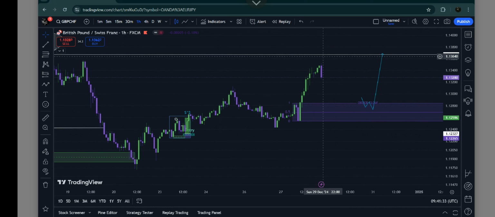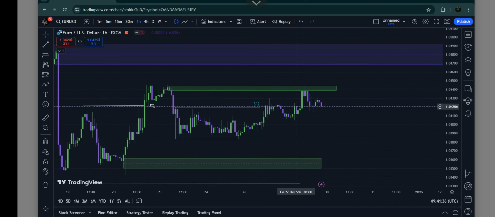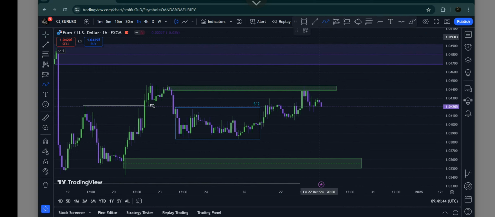high. Then by EURUSD, even though price is still consolidating, I'm still waiting for either push. I'm still waiting for a push towards this supply area up here, right? But if price can retest towards this demand and continue pushing higher, that would be ideal.